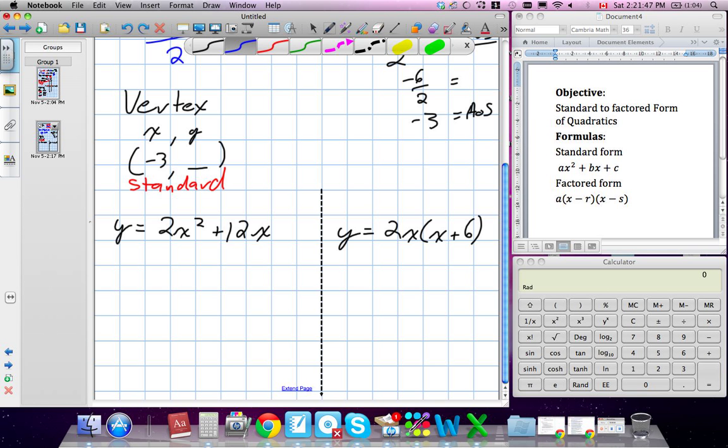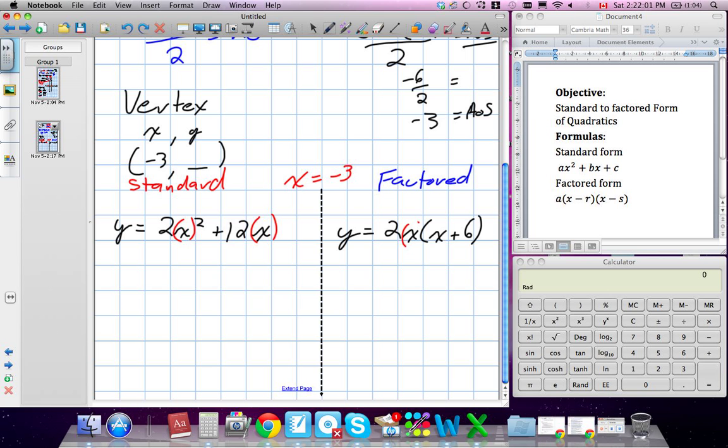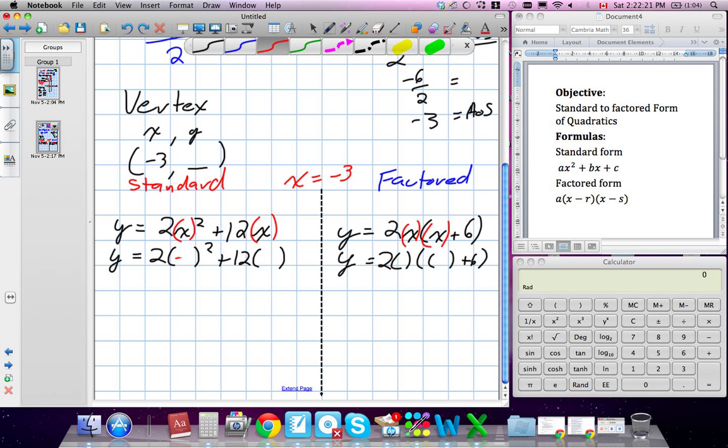What we've discovered is our axis of symmetry, x equals -3. So for all of the x values, I'm going to plug the number -3 in. So we get y equals 2 times -3. We plug -3 into all of these.